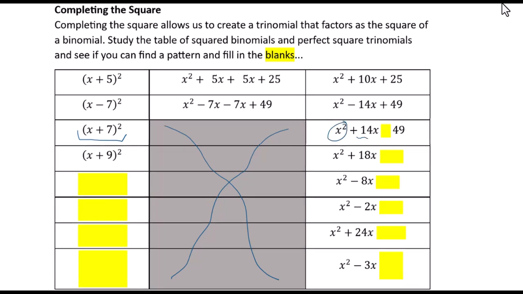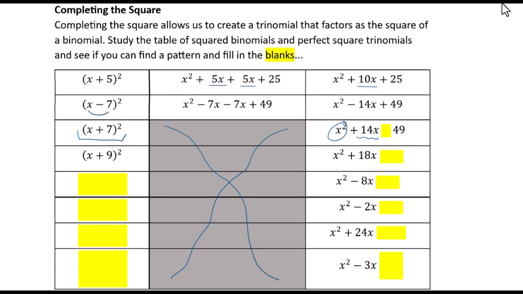I know that this is a 14x. The pattern I'm seeing is that this is 7x from multiplying x times 7, but I end up having 2 of them. So this is related to this binomial by multiplying those two and doubling it.